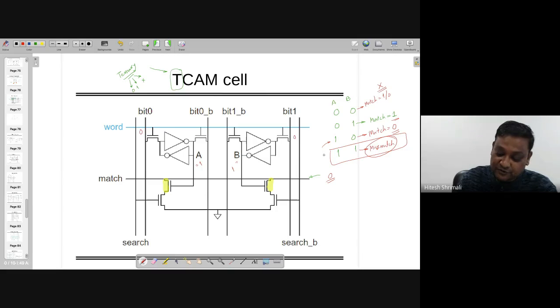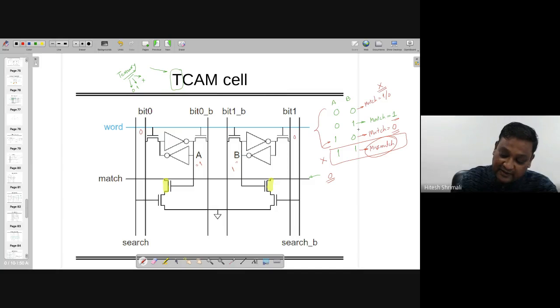So I'm not going to implement this value ever, or I'll make sure that 1 1 is not going to happen ever, right? If it is happening, then no matter what value of search and search bar I am giving, the output is only a mismatch, not a match. But I'm looking for a match. So matches are possible in the first 3, where AB are 0 0, 0 1 or 1 0.